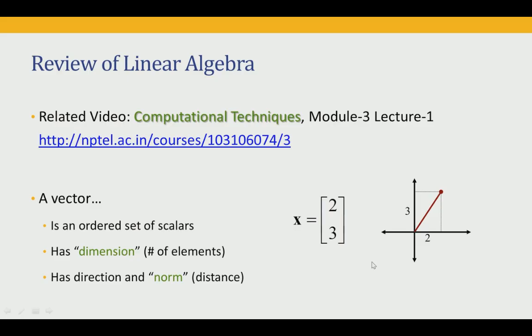has a norm. Now, the most common norm that we are used to so far is what is known as the 2 norm of this vector, which is nothing but the distance of that particular point from the origin. So, square root of 2 squared plus 3 squared is nothing but the 2 norm of this particular vector.